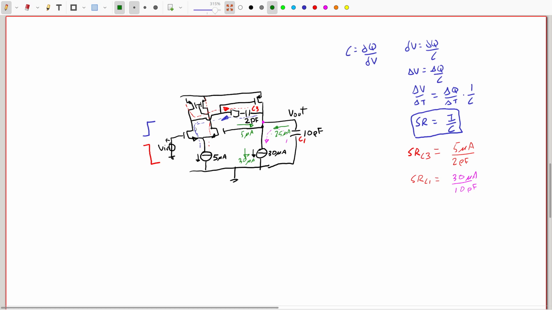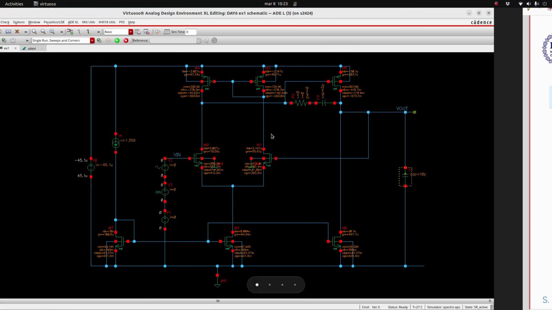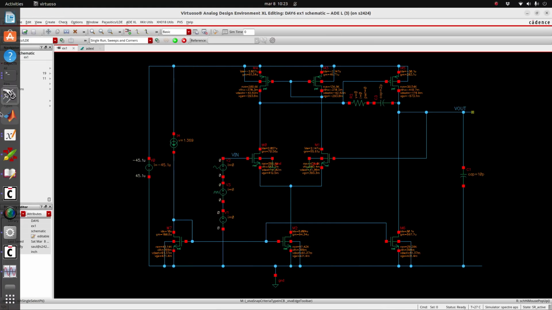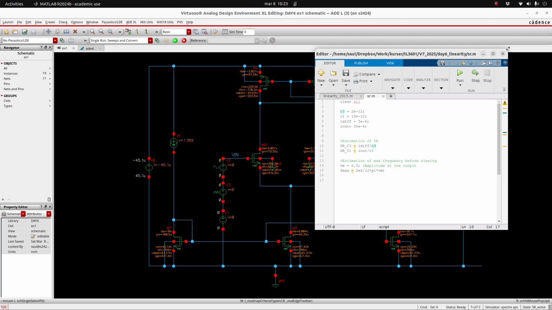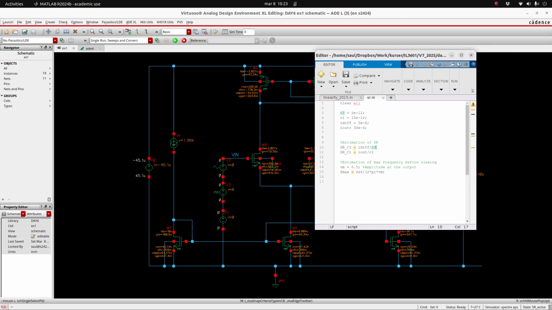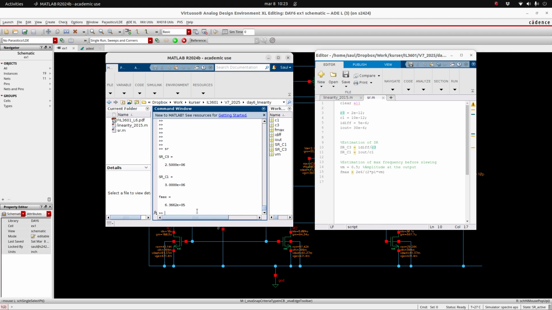So what I did is that I have a very simple script that just gives a rough estimation of the slew rates for each capacitor. So when we run this script, we have that for the capacitor C3 we have a slew rate of 2.5 megavolts per second, and for capacitor 1 we have 3.